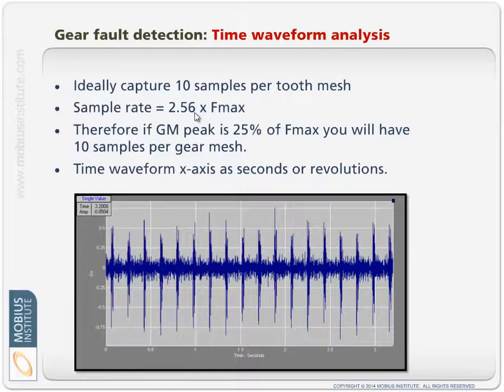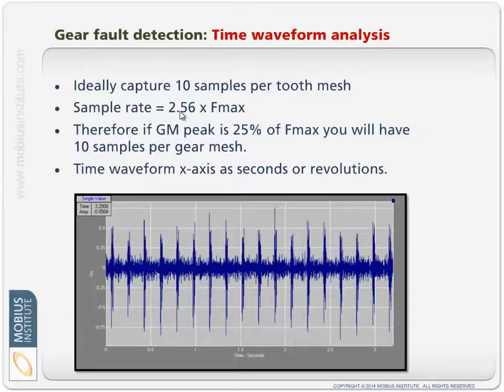Well, what if I put my gear mesh peak a quarter of the way along my spectrum? Therefore, the number of samples per gear mesh will be 4 times 2.56, which is approximately 10 samples per tooth mesh.